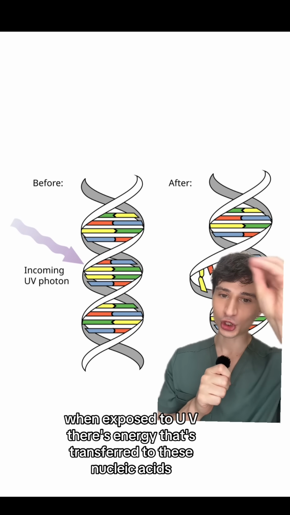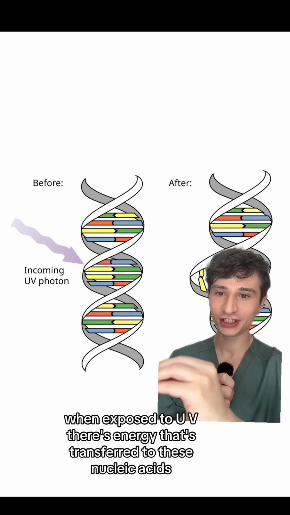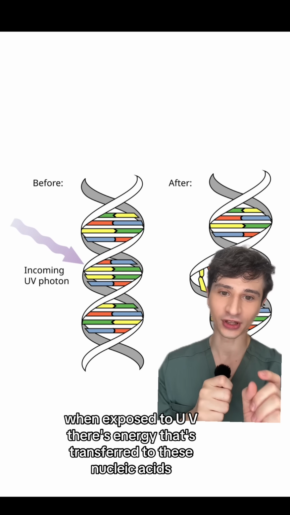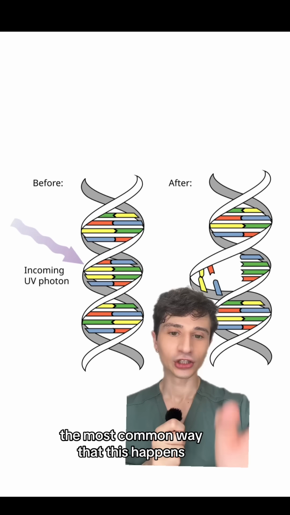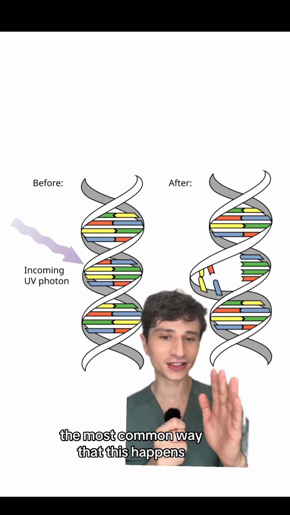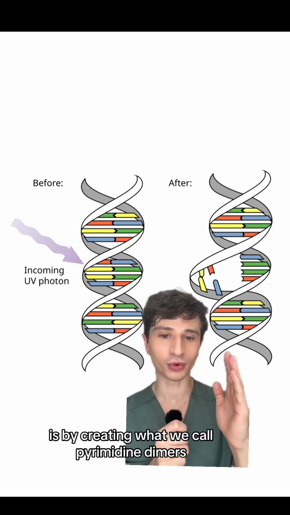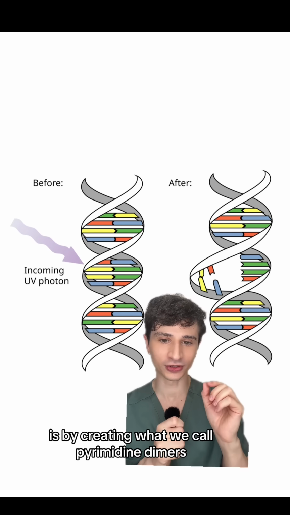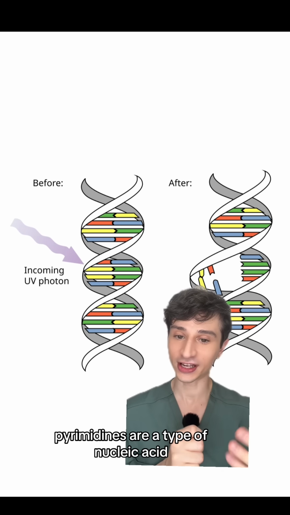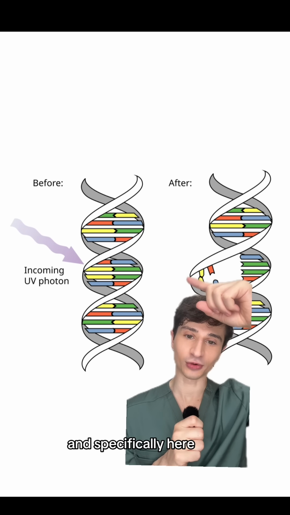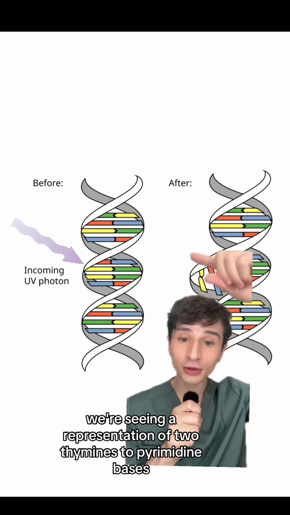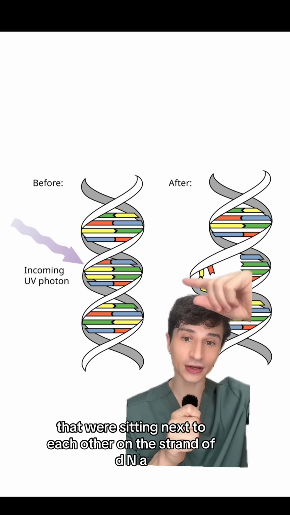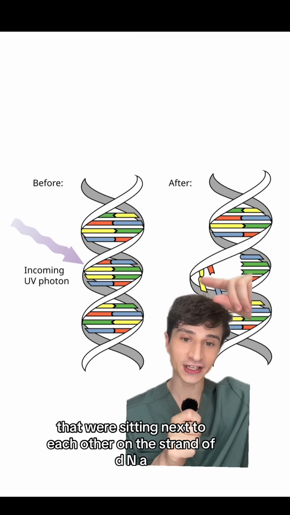When exposed to UV, there's energy that's transferred to these nucleic acids, and it could result in a number of changes. The most common way that this happens is by creating what we call pyrimidine dimers. Pyrimidines are a type of nucleic acid, and specifically here we're seeing a representation of two thymines, two pyrimidine bases that were sitting next to each other on the strand of DNA.